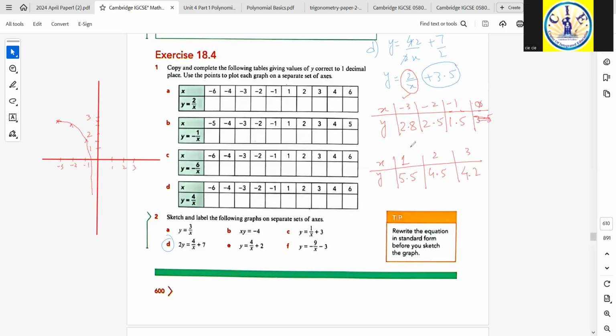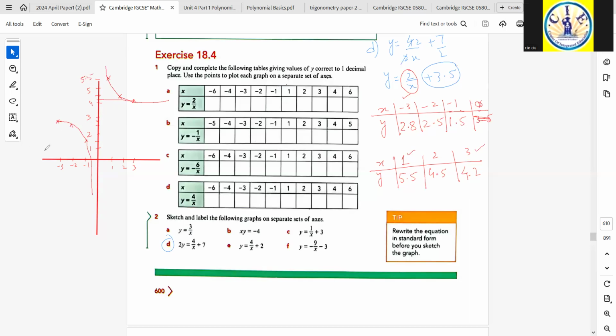And on the other side, it is 1 corresponds to 5.5. So 5 will be 4, 5, and I guess 5.5 will be here. 1 corresponds to 5.5 here. Then 2 corresponds to 4.5 in between this. Then 3 corresponds to 4.2 somewhere. So joining these points, this is the graph going like this.